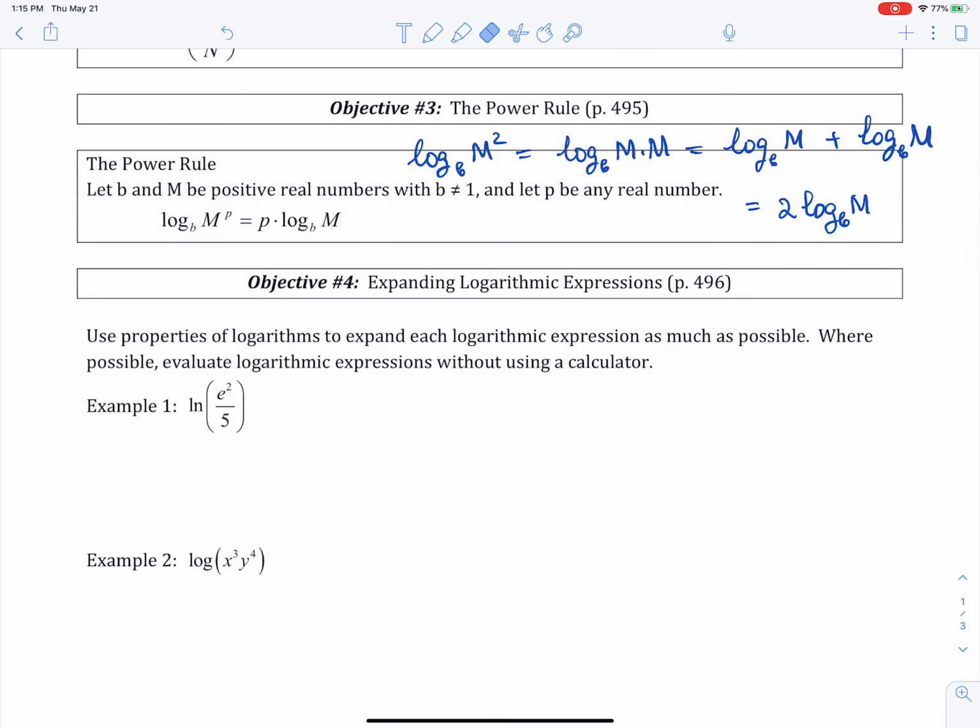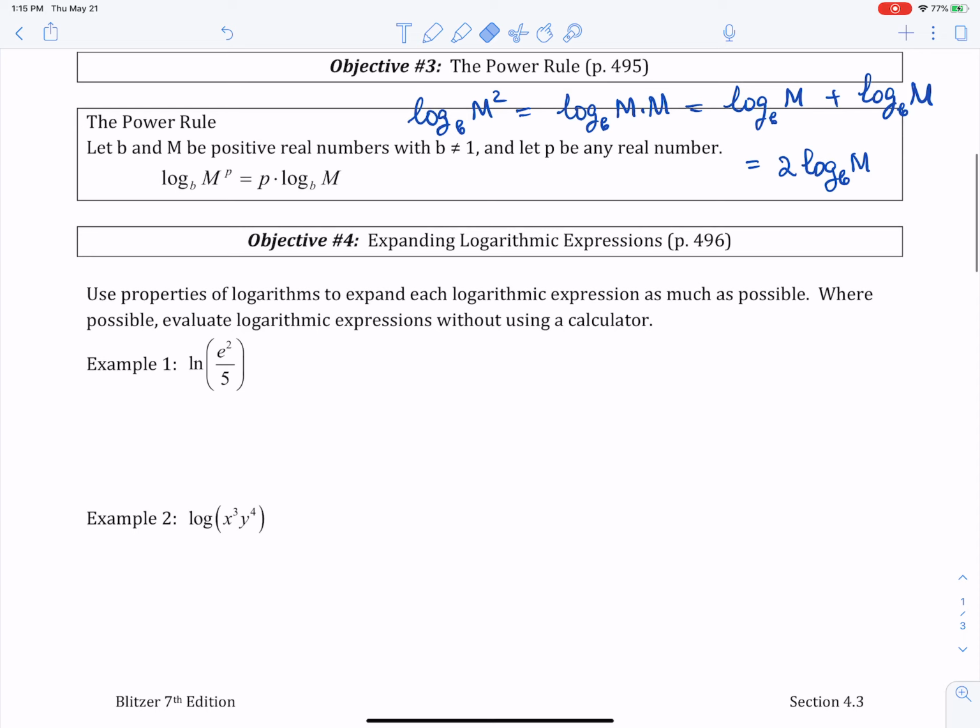So we are going to use those properties to expand logarithmic expressions. Logarithm base e, or natural log, of e squared divided by 5. So I'm going to think, okay, that's a quotient rule. That means that's natural logarithm of the numerator minus natural logarithm of the denominator.